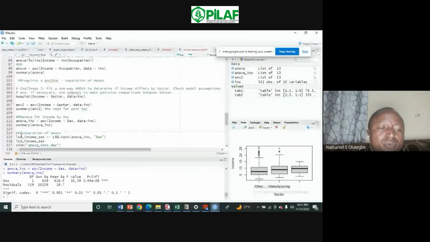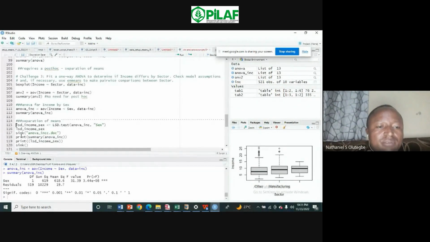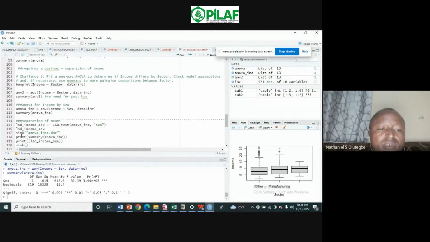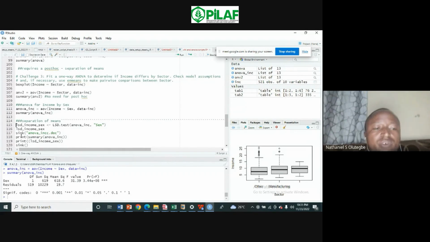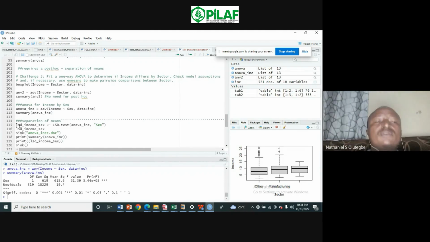Now, because it's significant, it's important to conduct a further test, because to just say significant, you may not be able to know exactly, especially if you are dealing with 3 categories. Even with 2 categories, you want to see which one is higher than the other. That's why there's a need to do a separation of means. We have different types of post-hoc tests used to separate the means, to give us an idea of the magnitude.